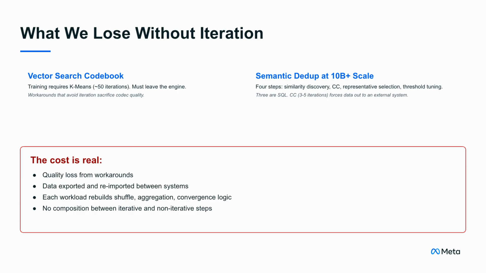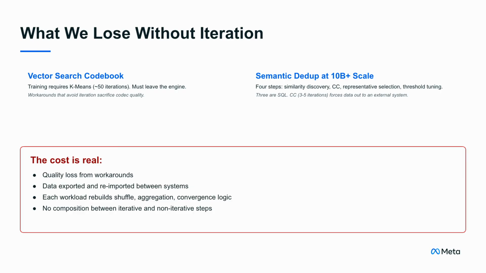The third step is representative selection. You can, again, represent that in SQL. And then lastly, you do tuning. Because for the connected components, you cannot do iteration, you have to leave the system. As a result, you have to stitch together two systems. You have to do two data transfers. So the cost is real.